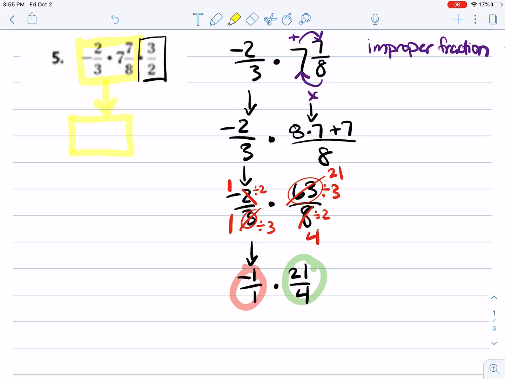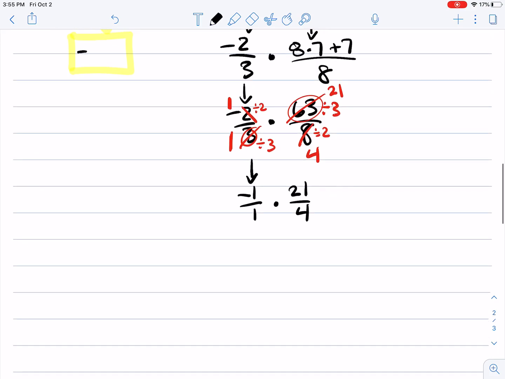Everything in that yellow box is going to be a negative number once I'm done. So let's get to multiplying. I'm going to multiply across, and that looks like negative 1 times 21 over 1 times 4. And that gives me negative 21 over 4.